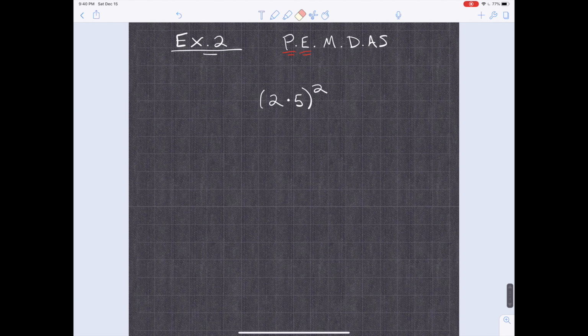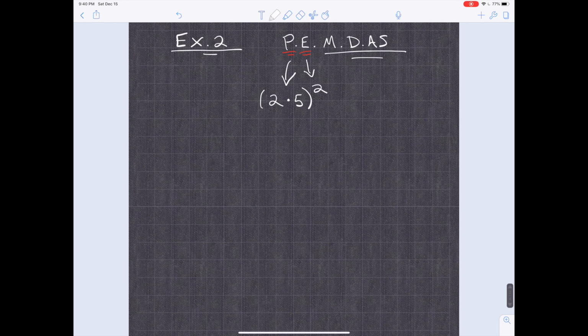For example number 2, you can see that we have 2 times 5 in parentheses, and then squared. If we were to follow the order of operations, we can see that we do have parentheses, so we want to go ahead and do whatever is inside of the parentheses first, and we do have an exponent. And then the rest of this we don't really have in the equation after we implement the parentheses and the exponents.